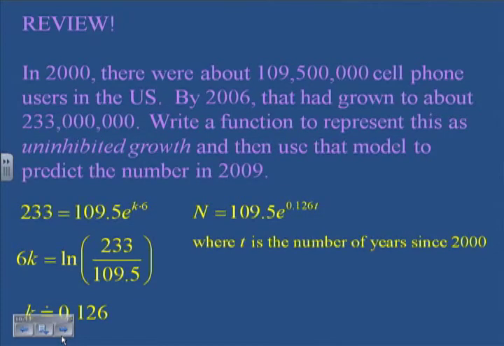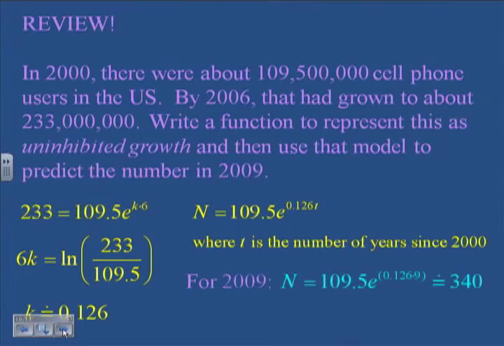Okay? And we end up with, for 2009, I decided to check to see, all right, how many should we have had in 2009? That means my t value is going to be 9, and I come up with about 340. Now, of course, that 340 is what?